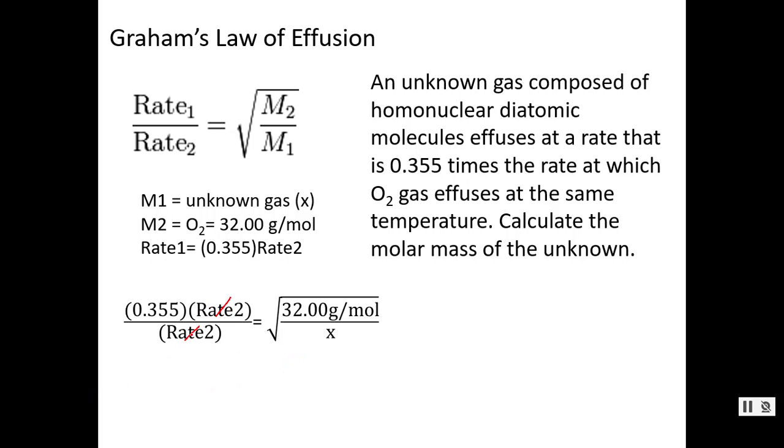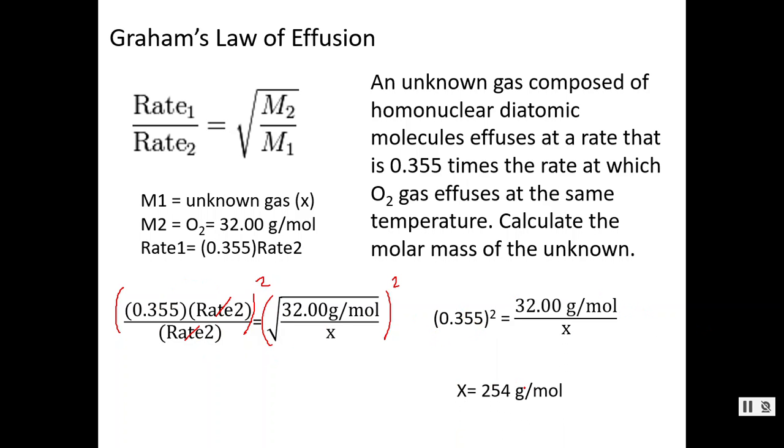So I'm left with just 0.355 on one side and then the square root of 32 over x on the other side. I can get rid of that square root on both sides by squaring both sides. Doing that, this equation devolves into what is here on the right. Then squaring and cross multiplying, I can find the molar mass of my homonuclear diatomic molecule as 254 grams per mole.